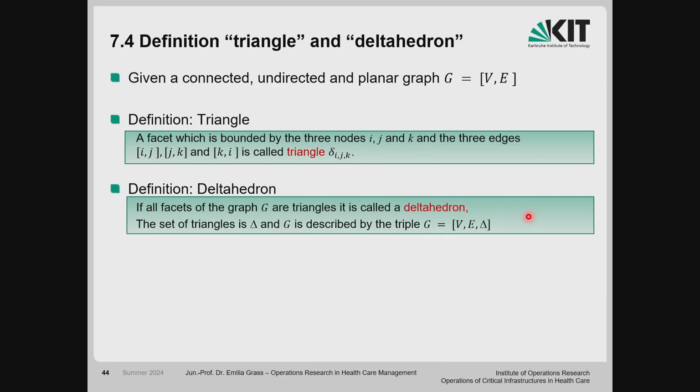Maybe what is also important is that it doesn't necessarily need to be a straight line. It could also be something like this. It's still a triangle, it's not like in geometry. It's still a triangle because it connects 3 nodes and 3 edges. So it doesn't have to be a straight line.